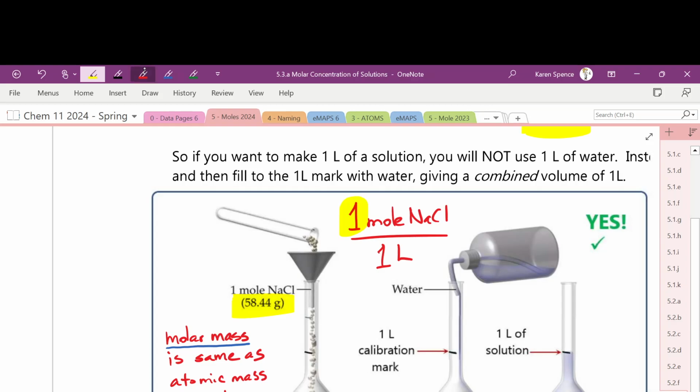Okay, so we have a funnel here. And what did we call this kind of flask again?